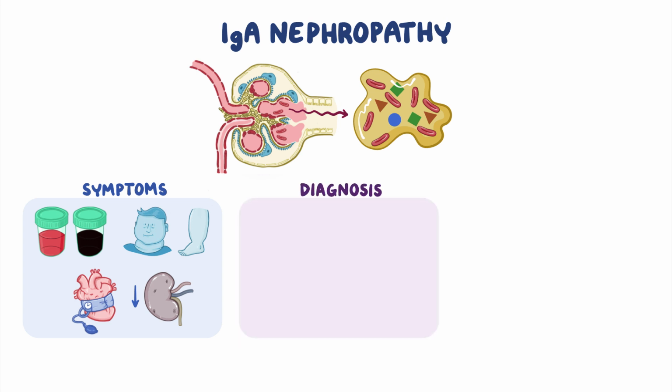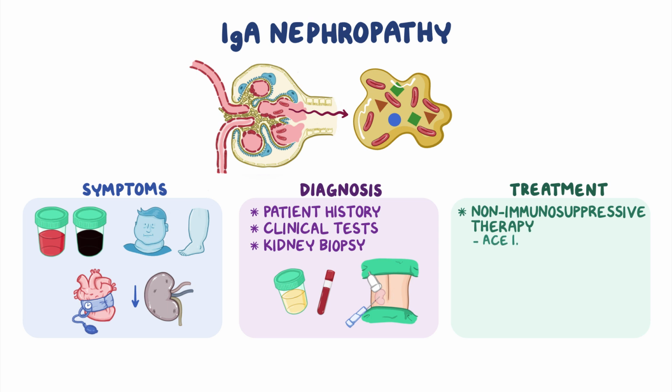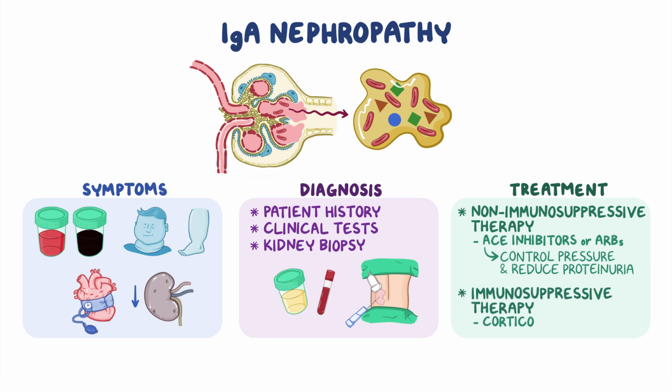Diagnosis is suspected based on patient history and clinical tests, and it's established by kidney biopsy. Treatment includes medications like non-immunosuppressive therapy with ACE inhibitors or ARBs to control pressure and reduce proteinuria and thus delay progression of the disease, and rarely immunosuppressive therapy such as corticosteroids.